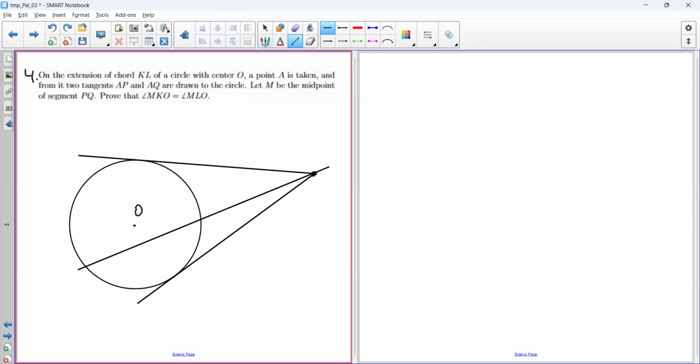So it seems like we need to have a situation like this: points K, L, tangent lines AP and AQ.